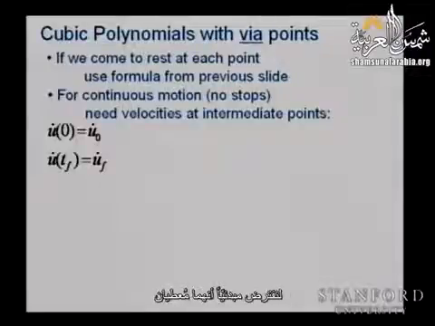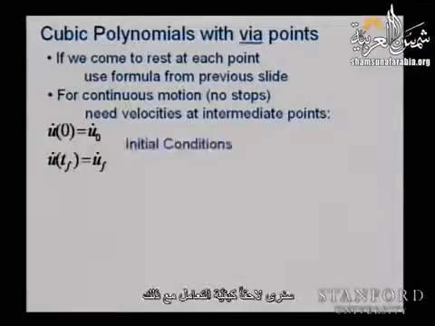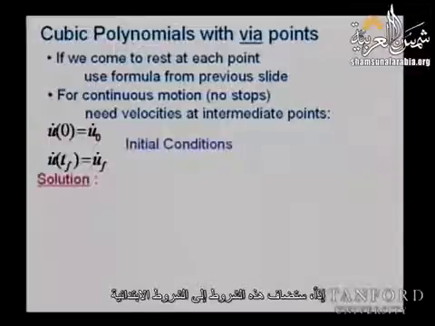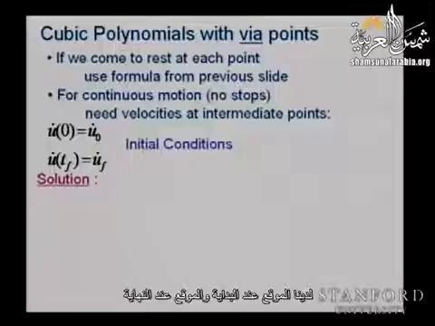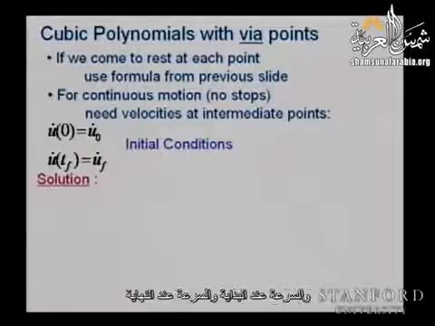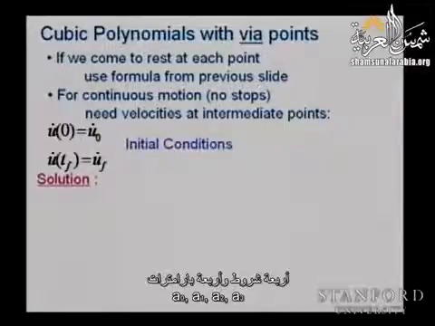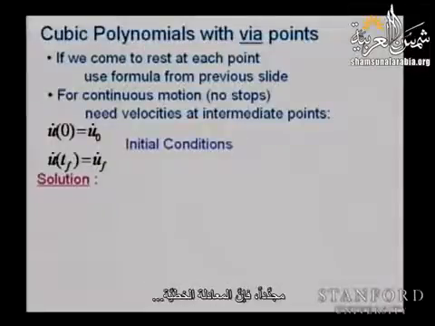Let's assume for a second that those are given. We'll see later how to deal with that. Those will be added to the initial conditions. We'll have the position in the beginning, the position at the end, the velocity at the beginning, the velocity at the end. 4 conditions, 4 parameters, a0, a1, a2, a3. Again, a linear equation.